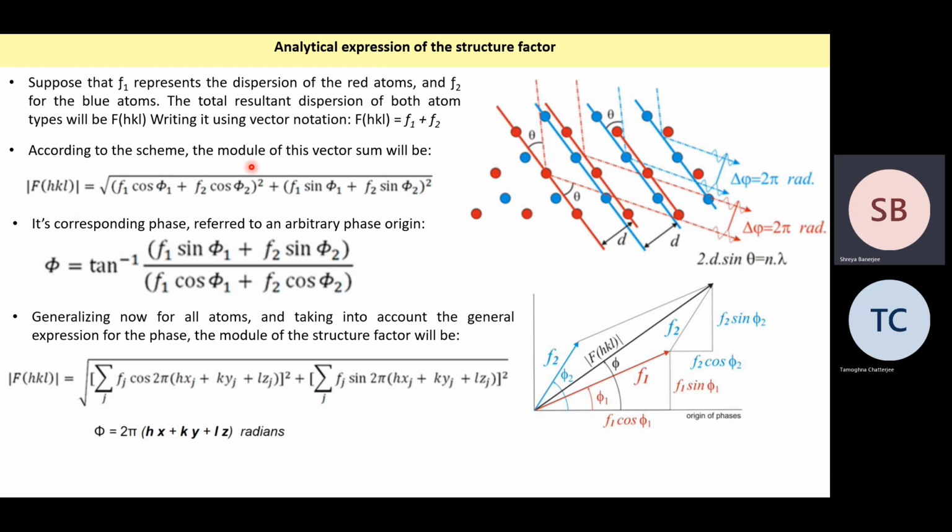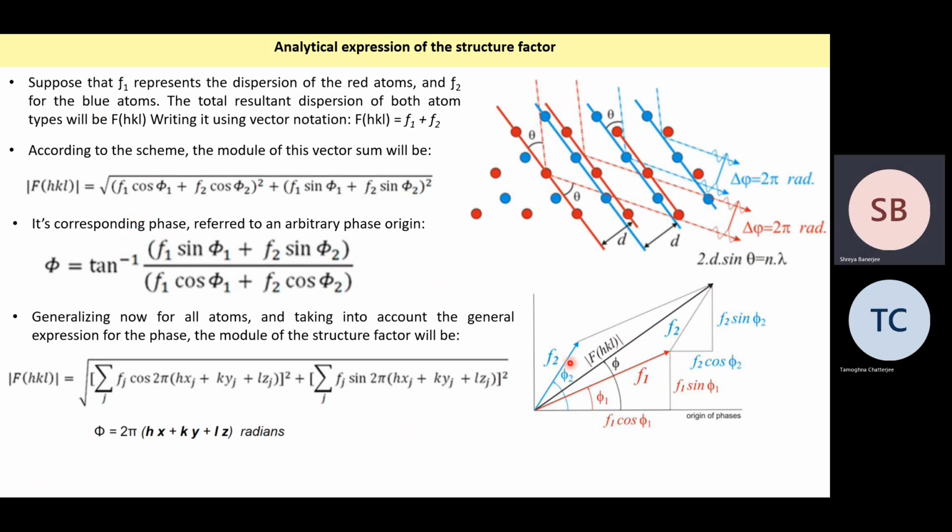The definition of vector sum is that you sum up the x components, where the x component of F1 is F1 cos phi 1 and the x component of F2 is F2 cos phi 2. You sum up the x components and square them, sum up the y components and square them, and take a net square root to get the magnitude of the structure factor. This is the basic formula for the sum of two vectors.